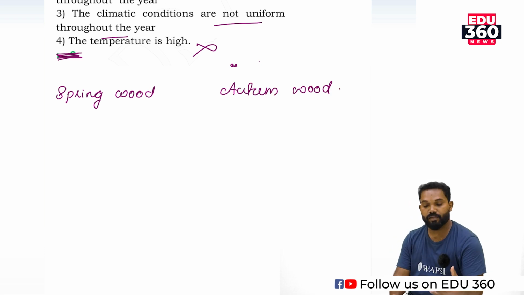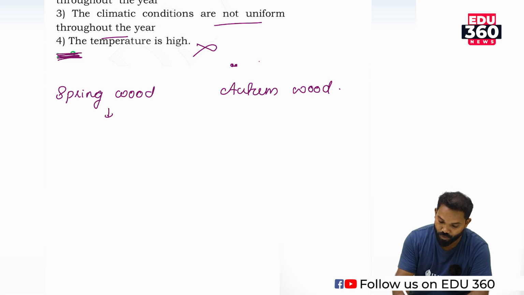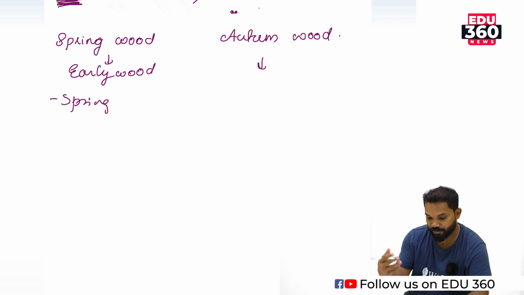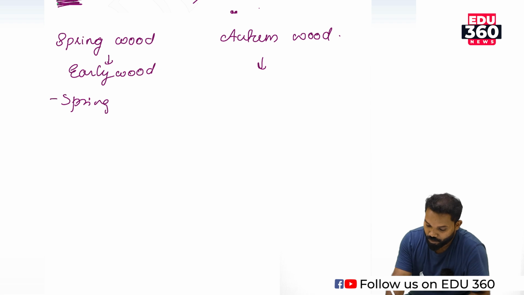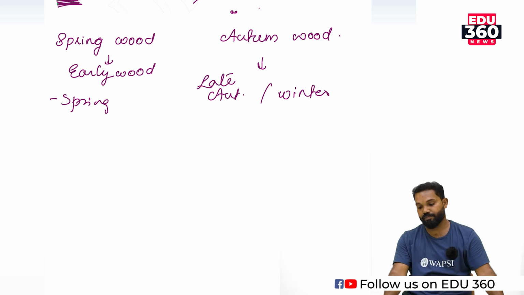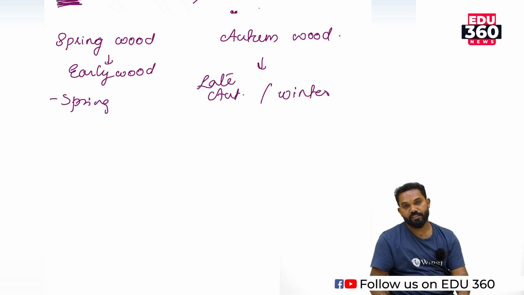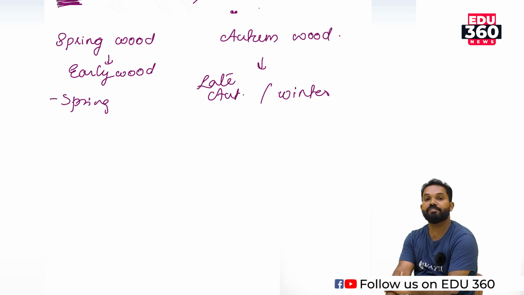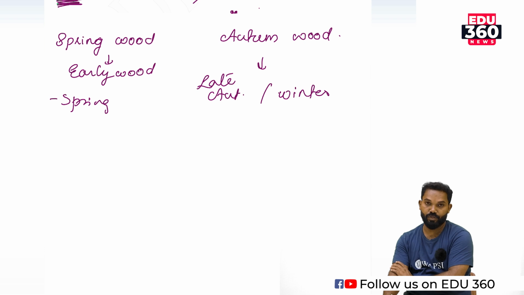The name itself tells us: spring wood, or early wood, is formed during the spring season. Similarly, autumn wood is formed during the late autumn season or winter season. The wood formed in late autumn is known as autumn wood, and the wood formed during the spring season is known as spring wood.